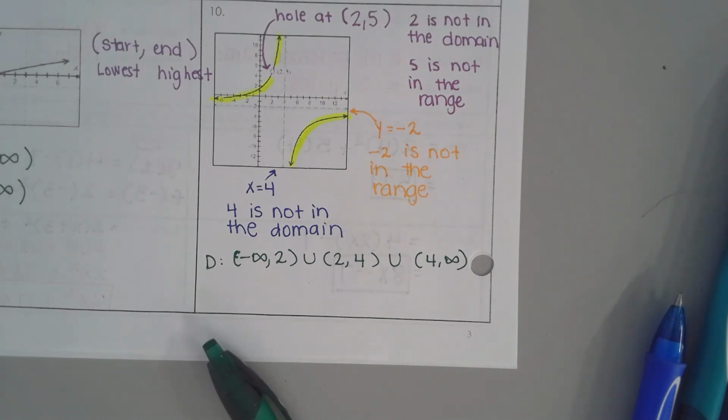What were the 2 numbers not in my range? 5 and negative 2. So I've got a break here, and a break there. So I'm going to say negative infinity to my first break.